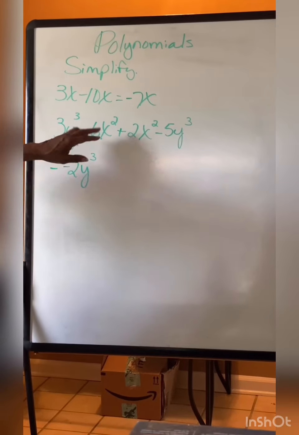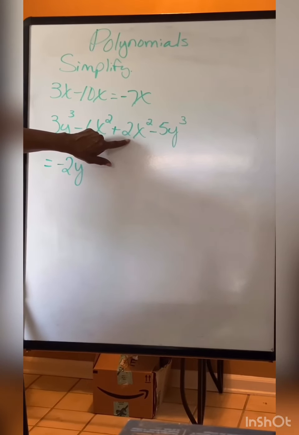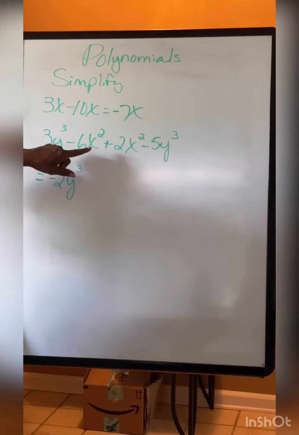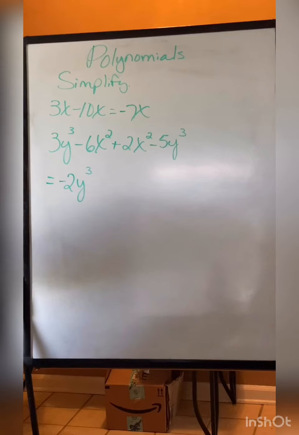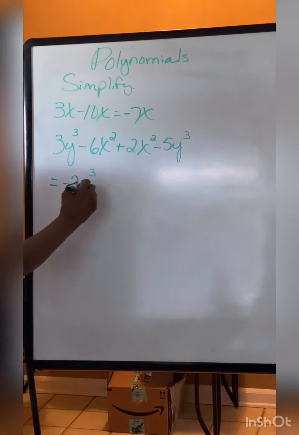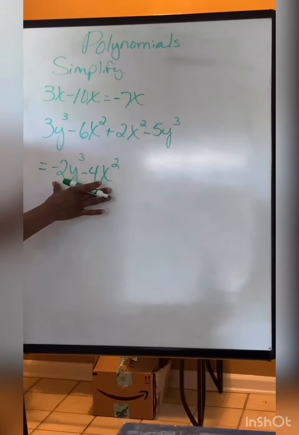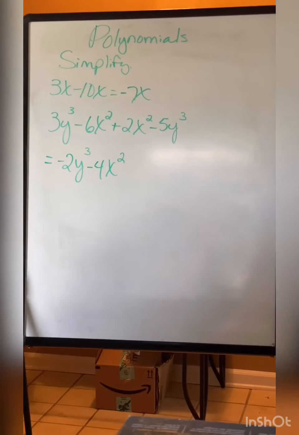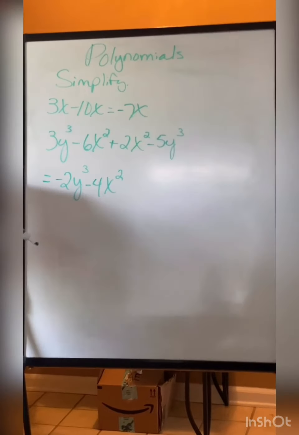Then as I look at the x squared, the negative 6x squared also has a like term, it's 2x squared. As I combine the numerical coefficients, I have a negative 6, I have a positive 2. When I combine, I get a negative 4. So I have a negative 4x squared. And as I read my answer, it is read as a negative 2y cubed minus 4x squared.